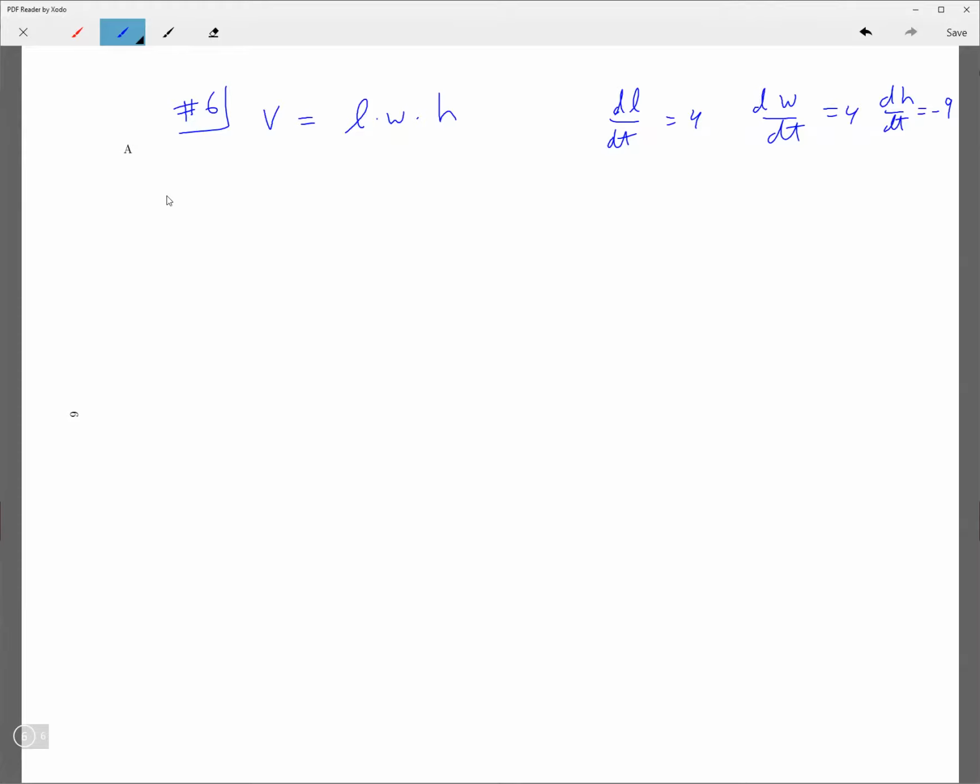Okay. So for part A, the volume is length times width times height, right?